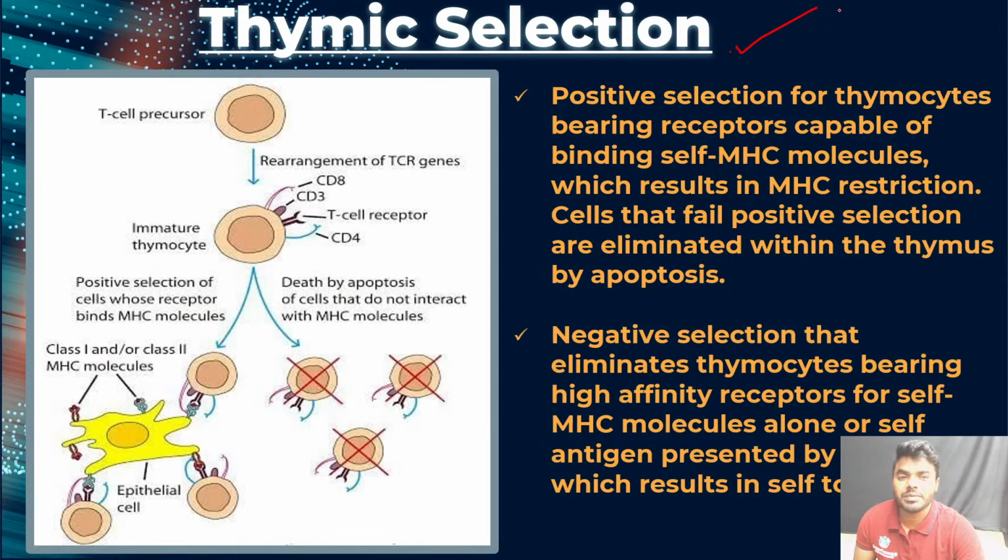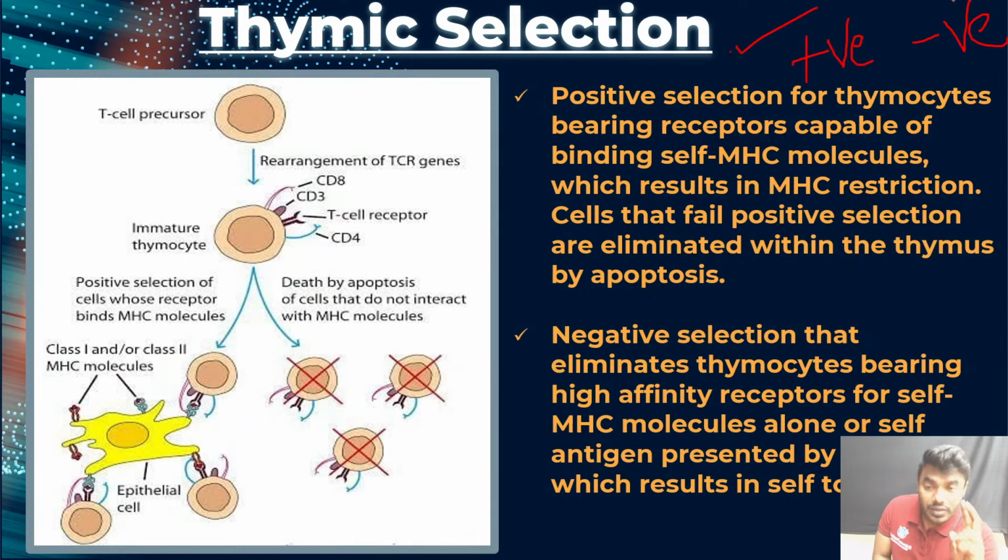Every student, listen to my words very carefully. There are two types of selection. I want you to listen to these selections very carefully. It's so confusing, so listen and pay attention. Positive selection and negative selection. Do you think any one selection has to be qualified by the T cells?